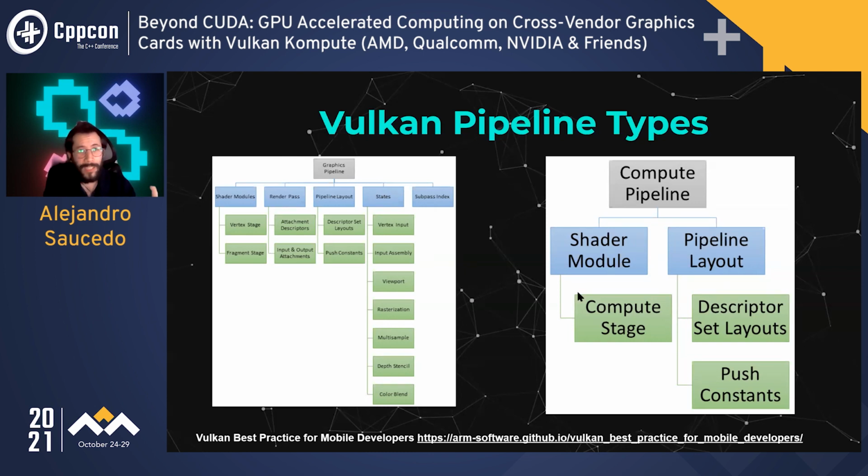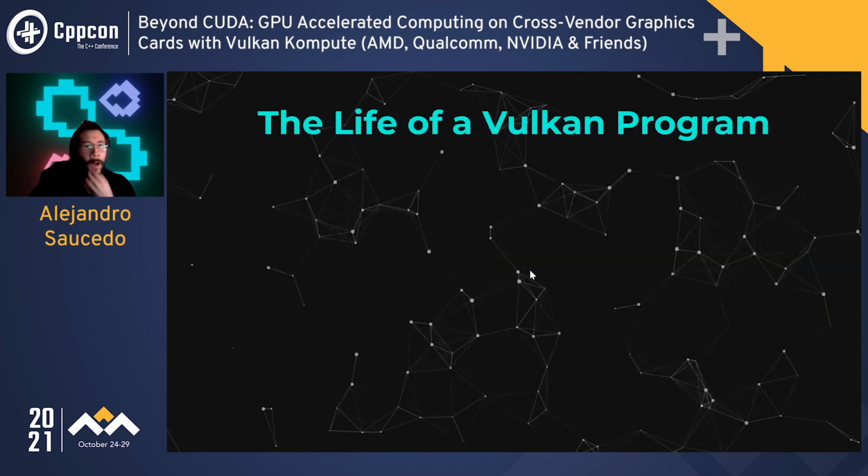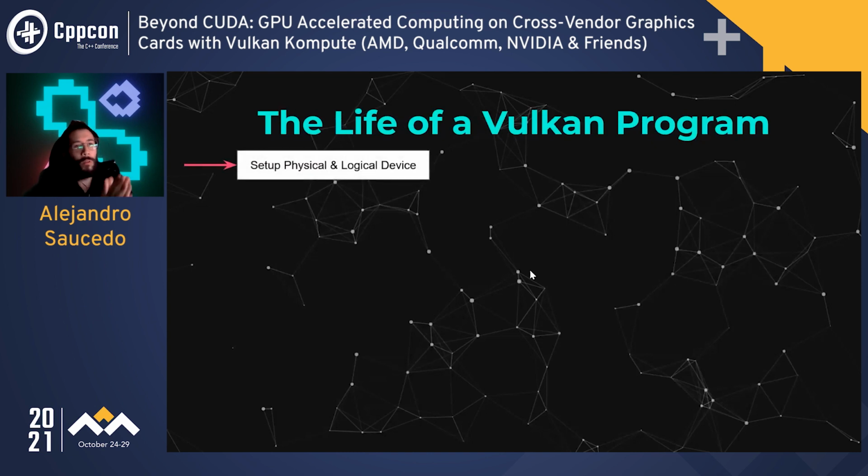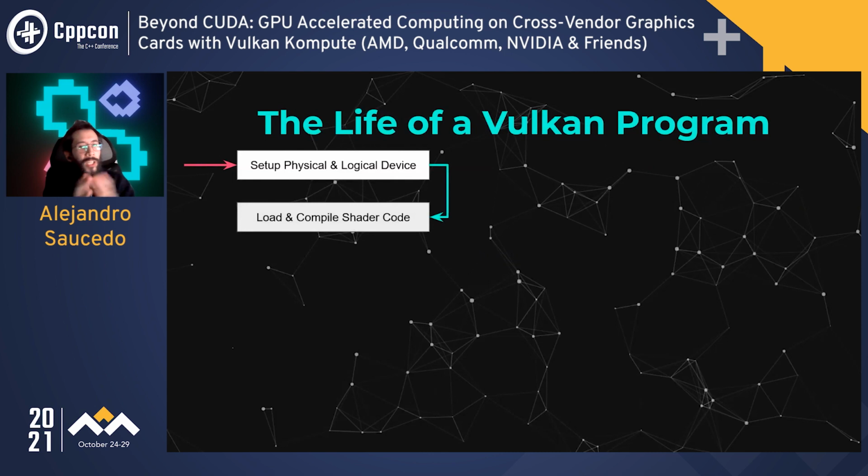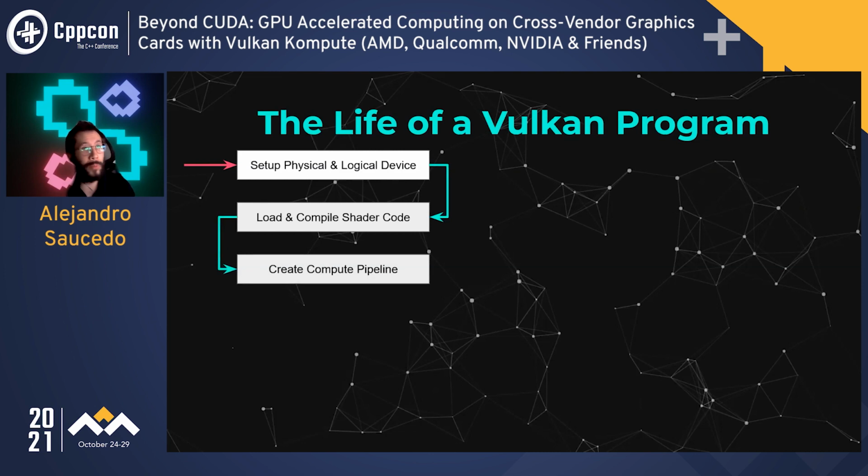And from this perspective, with all that we have learned, if we were to implement a hello world in Vulkan, what we would want to do is the following. We would first set up the physical and logical device. We would then load and compile our shader code into instructions that are readable by the GPU, which is called SPIR-V. We're then going to create our compute pipeline.